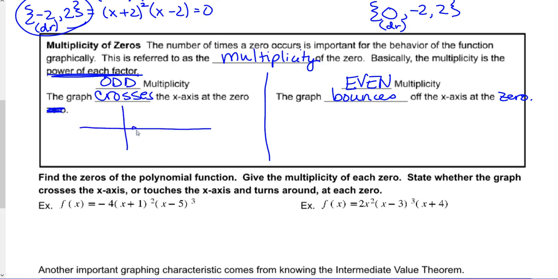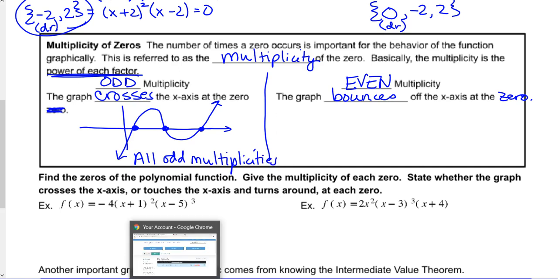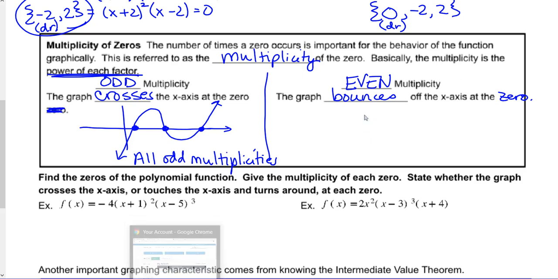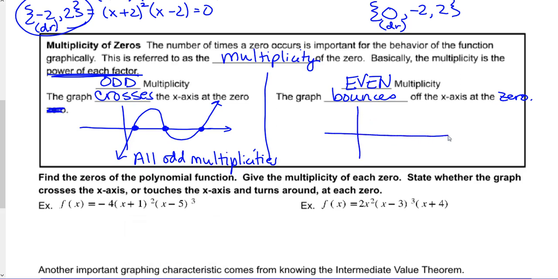If I say I have 3 zeros on this function, and they have all odd multiplicities, then what's going to happen is I'm going to come through, cross through, and cross through. So these are all odd multiplicities. Okay, so if I have an even multiplicity, so maybe I have 3 zeros, okay?